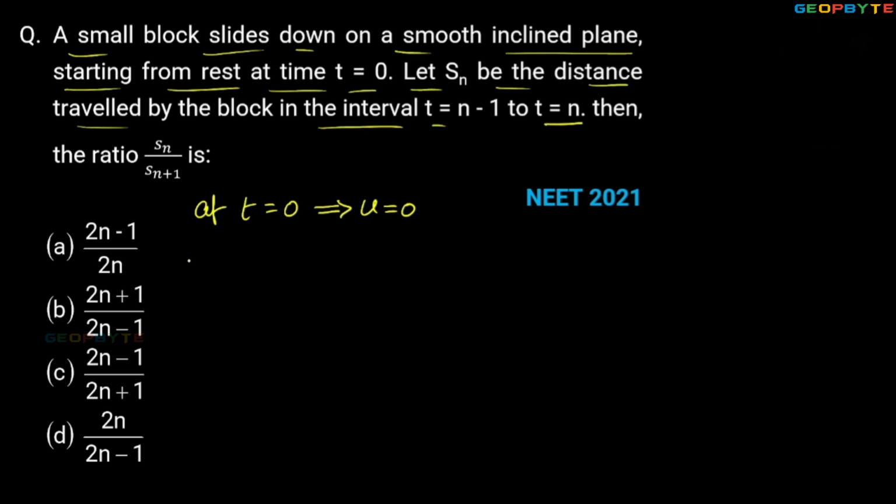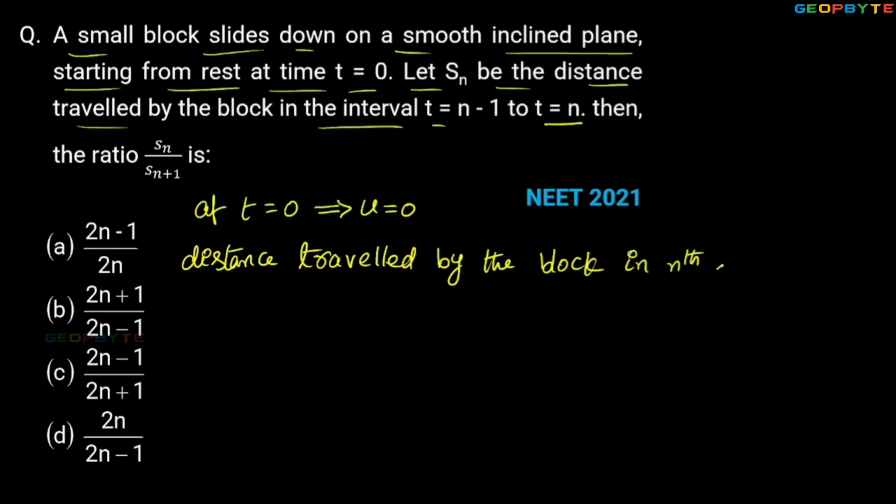For that, as you know, the distance traveled by the block in the nth second, not n seconds, that is s nth, equals u plus a into n minus half.